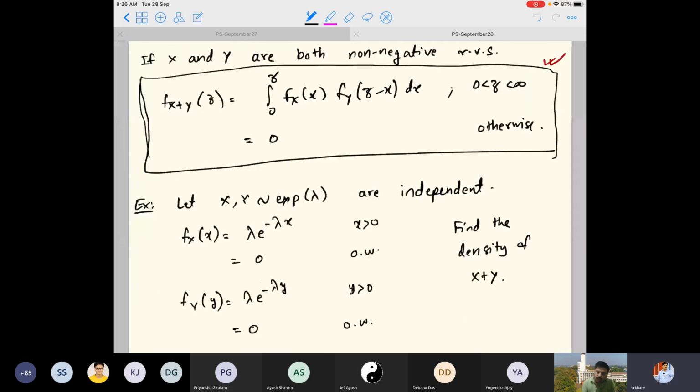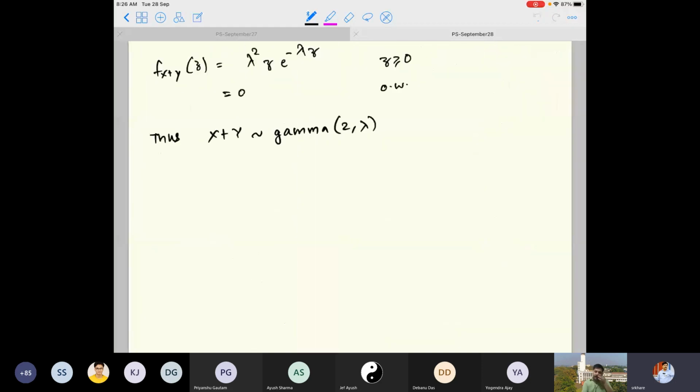So what did we get? We got that if you have two independent exponential random variables with the same parameter lambda, so IID exponential random variables, then the sum of those turns out to be gamma density.